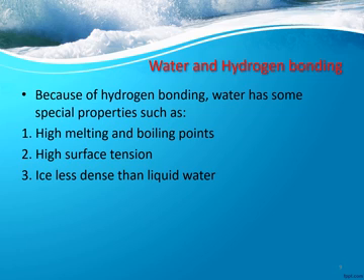And because of those empty spaces, the volume of ice increases while its mass doesn't change. And we know that when volume increases while mass is not changing, then density will do what? Density will decrease. So that is the reason why ice is less dense than liquid water. So ice will always float on the surface of water.